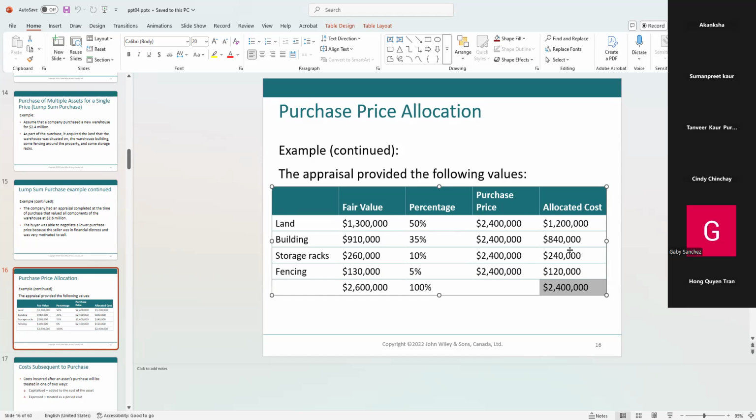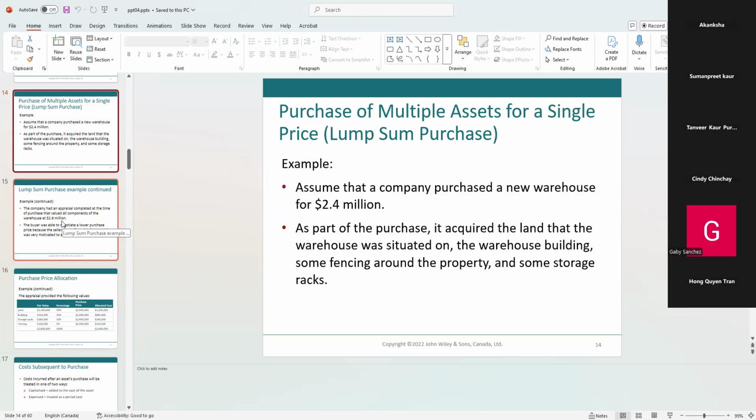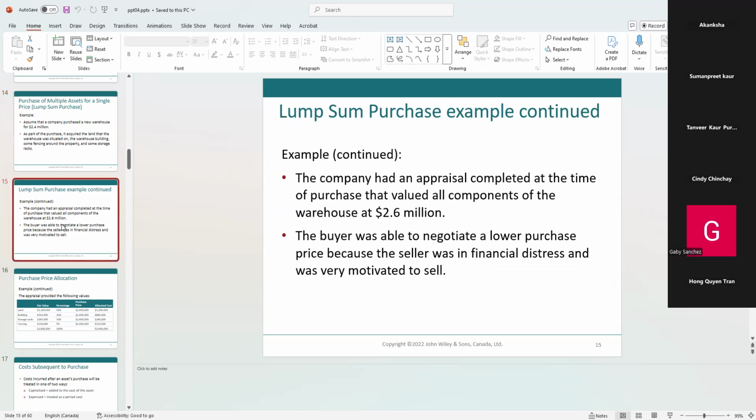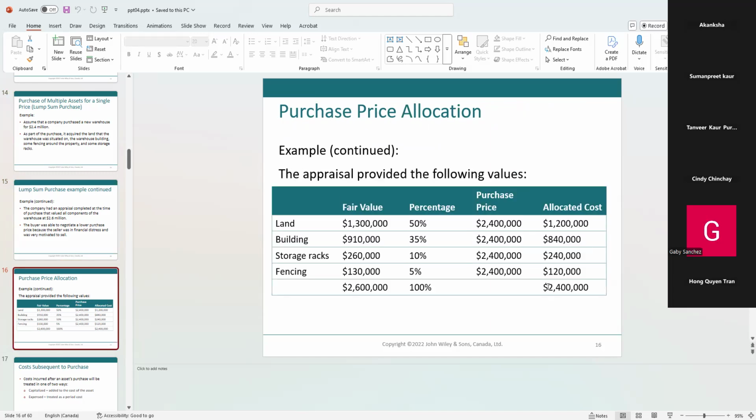Professor, can you repeat the last words? Yes. So again, you're going to purchase the assets. Those assets come with some value. You're going to pay less than the value, so you have to allocate from the money that you pay how much will be allocated to the first asset, to the second asset, to the third asset.